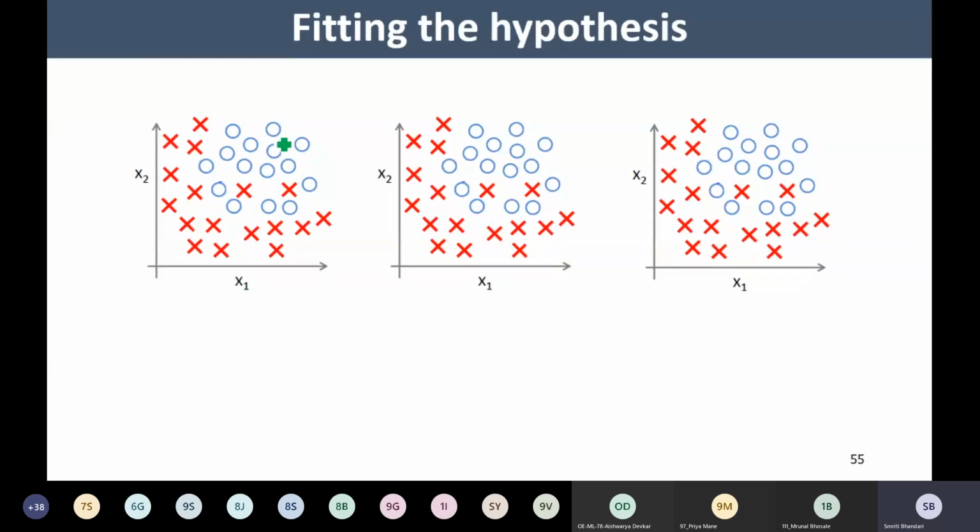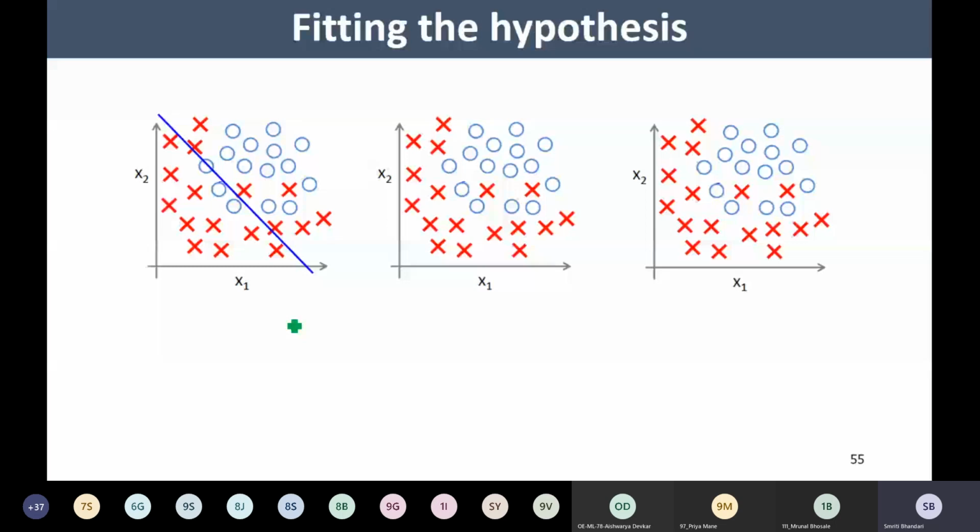I have the circle class and the cross, which is another class. So I may say I have class 1, that is circle, and this red class, class 2. I want to come up with a function that will distinguish this data into two classes. So I may have this kind of a line, a linear function.